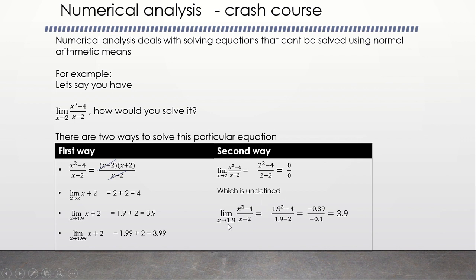So if we plug in 1.9 into this equation, we have 3.9, same as the other way, and if we were to plug in 1.99, I'm pretty sure we'd get 3.99, and so on and so forth. So the only key difference between this way and the other way is that the first way of solving this equation will not give you an asymptote, whereas this one will give you a region within the graph that is undefined.